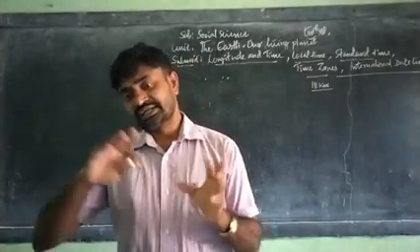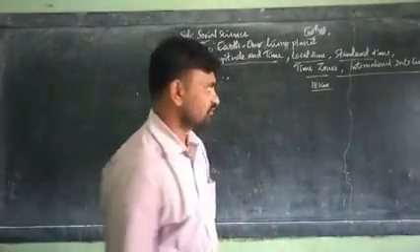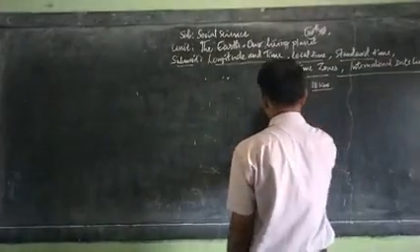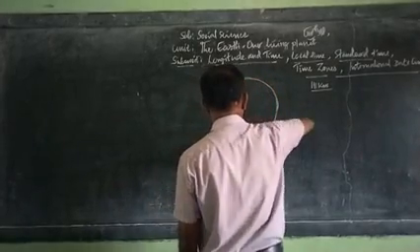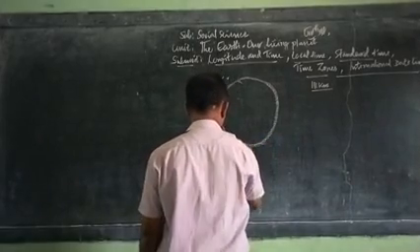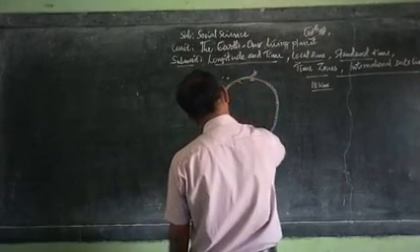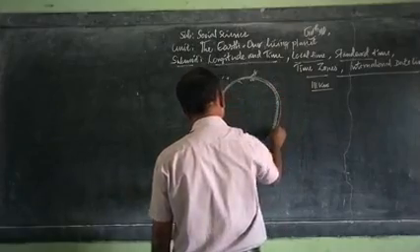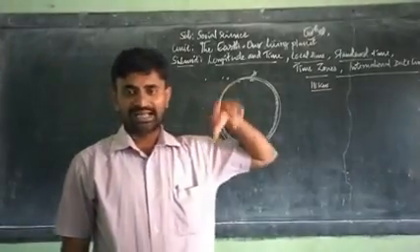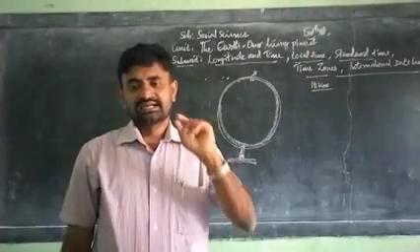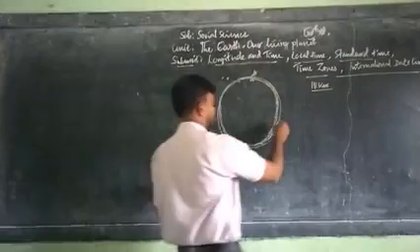The Earth rotates on its axis and completes one rotation in 24 hours.